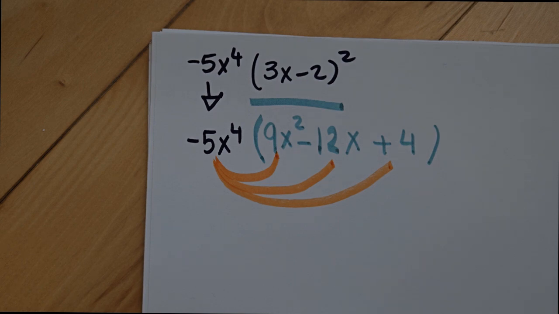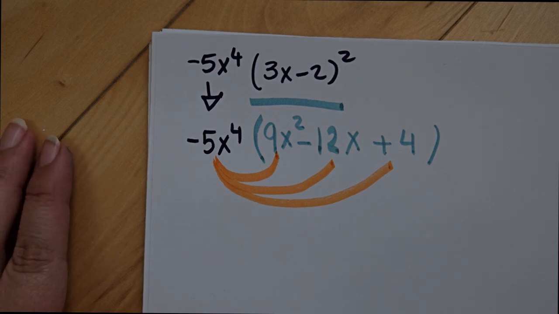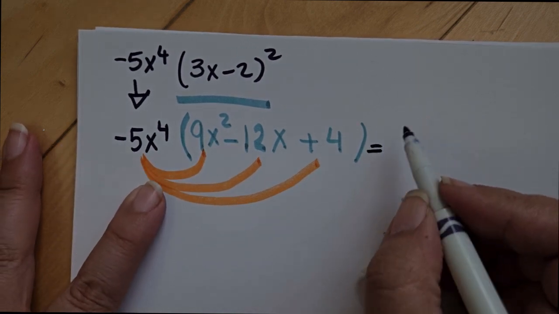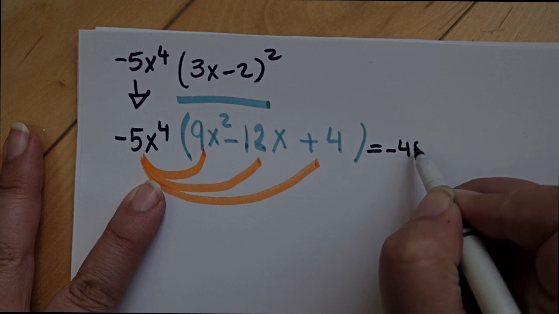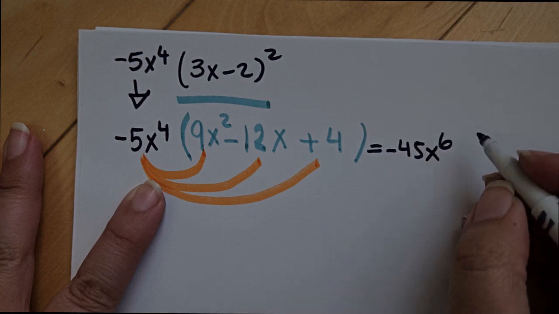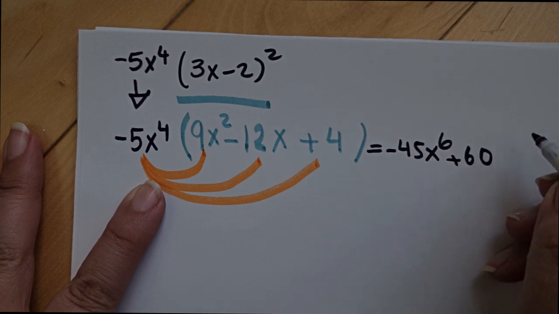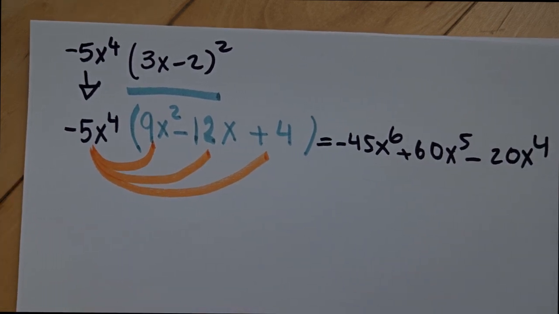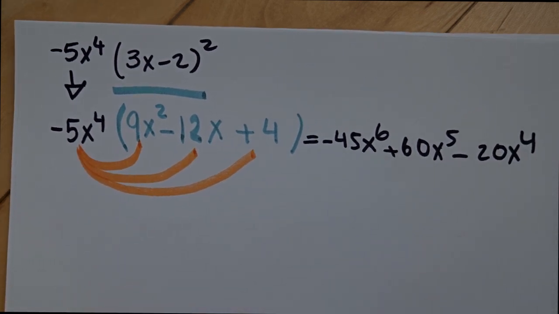So let's do it together. Negative 5 times 9, negative 45, x to the power 6. So that would be 60 x to the power 5 minus 20 x to the power 4. And that is the final answer.